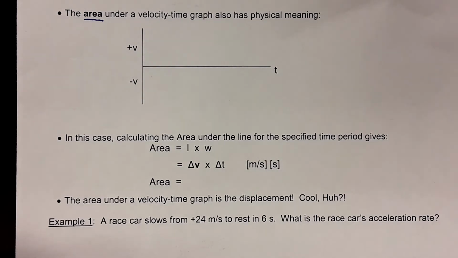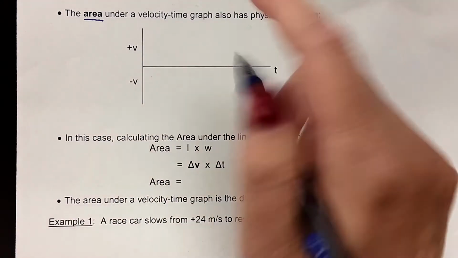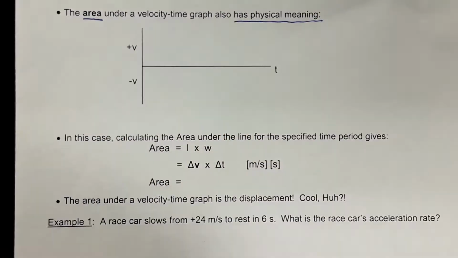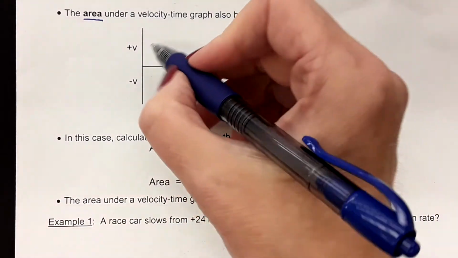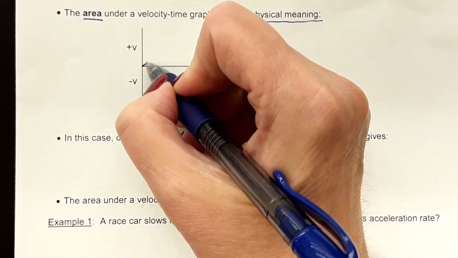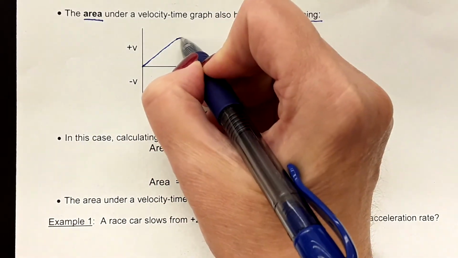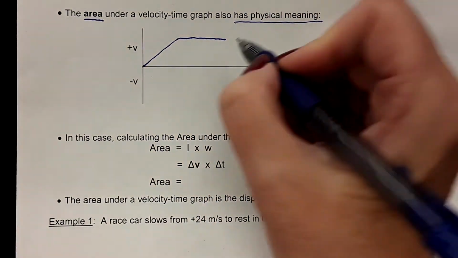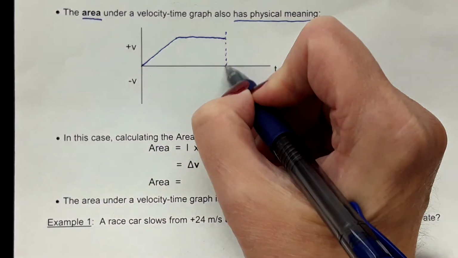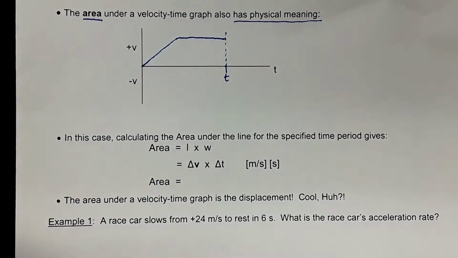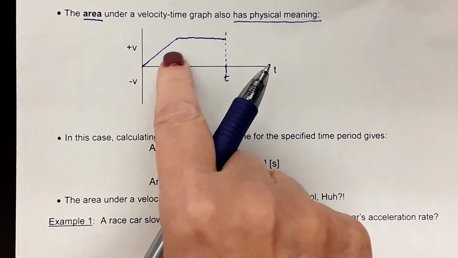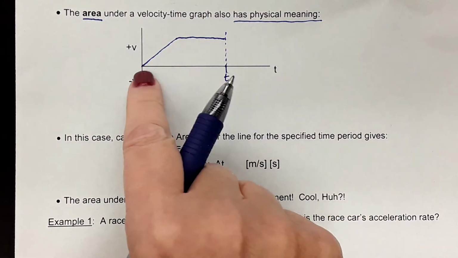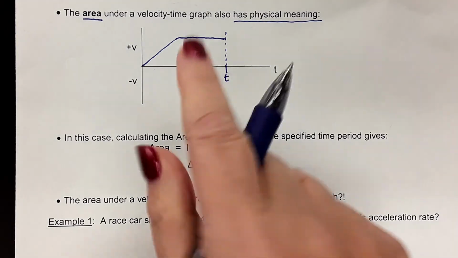It physically has no meaning, but it does for a velocity time graph. So let's see. Suppose you had an object that increased velocity to some point, and then maybe it stayed constant, okay? And we want to look at some point in time, all right? Now, this area between the graph line and the x-axis has physical meaning.